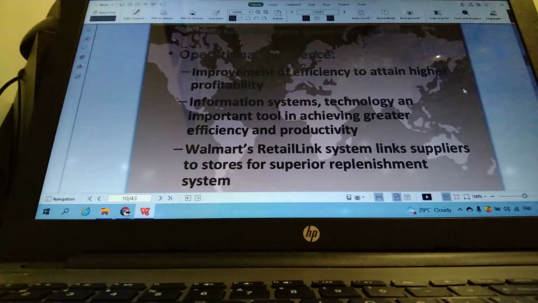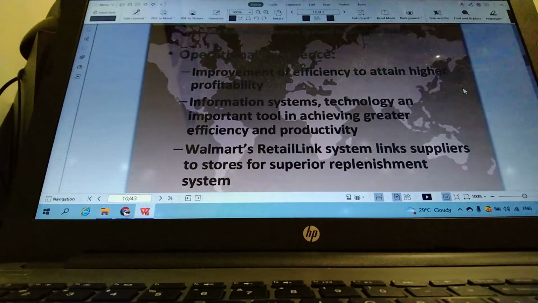In terms of operational excellence, IT systems will improve efficiency in obtaining higher profitability through highly automated systems that replace manual tasks with fully automated tasks, functions, or processes. So information systems are an important tool in achieving greater efficiency and productivity.